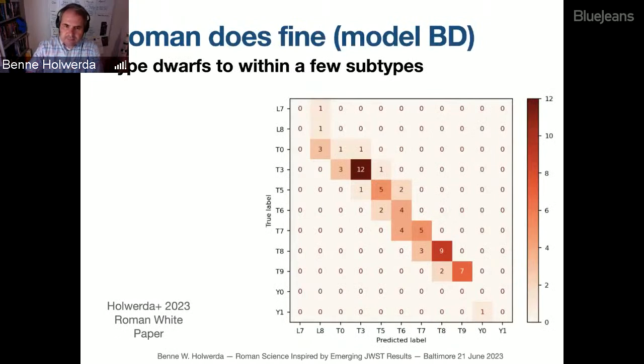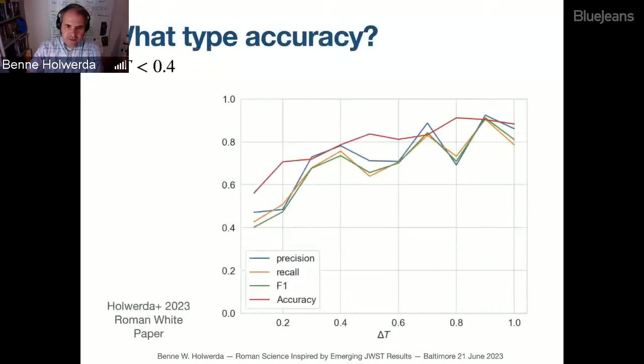Here, for example, this is with Roman. At some point the information is not there, and so you can't get any closer than 2 subtypes. But how long that is, I don't quite know.